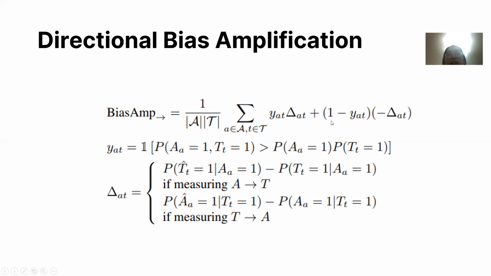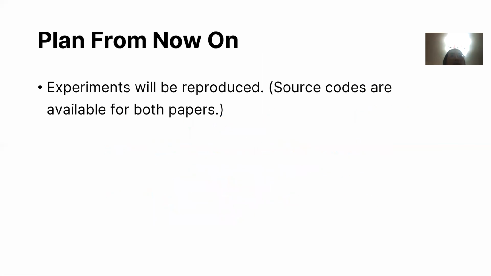So for the positive correlation part, a similar delta is used, and for the negative part, they switch a and t. And as a plan from now on, the experiments will also be reproduced, as the source codes are available for both papers online on GitHub.